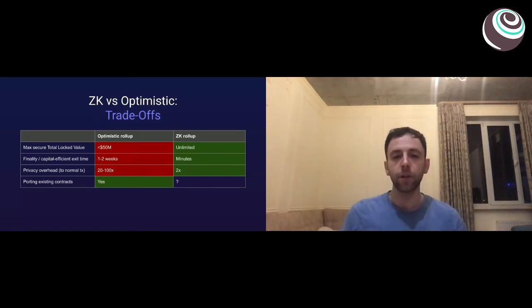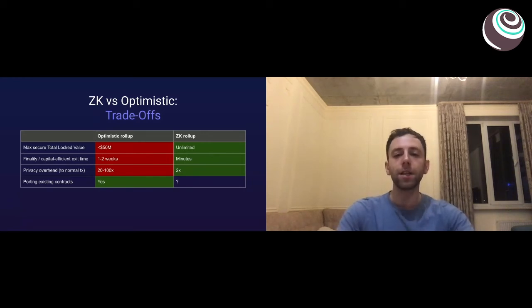So the last big difference is the way the portability of existing contracts is approached in both systems. It used to be kind of a mainstream opinion that you can port existing Solidity contracts to optimistic rollups, and you can't really do this with zk rollups. And this used to be true until this summer, before certain primitives in zkP technology were available, specifically recursion, some other things, some optimizations in provers.